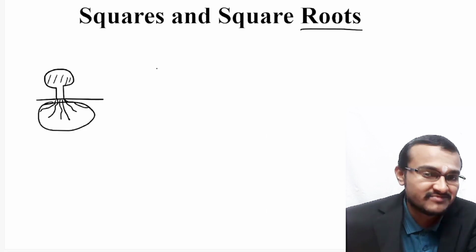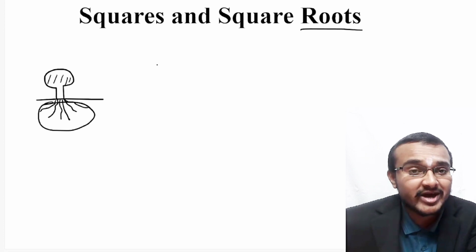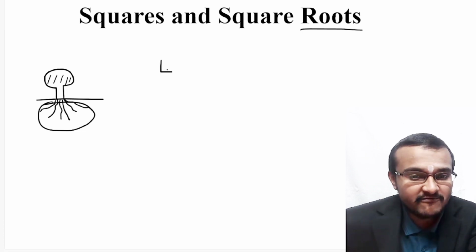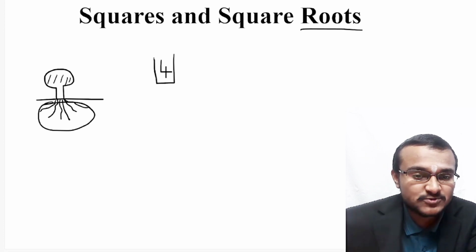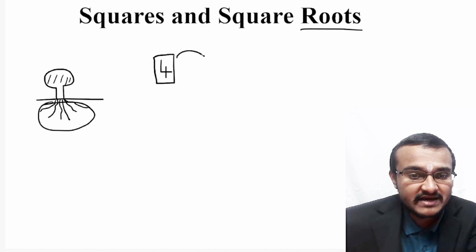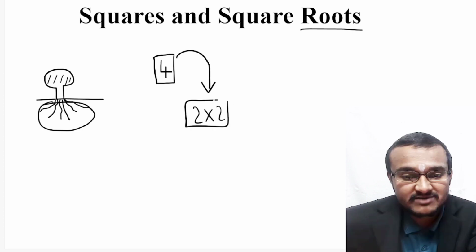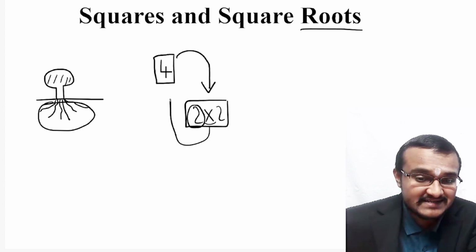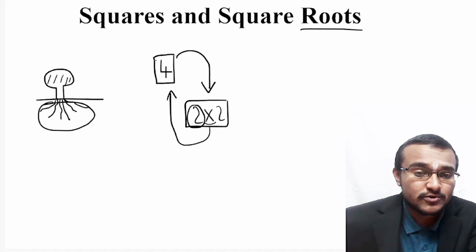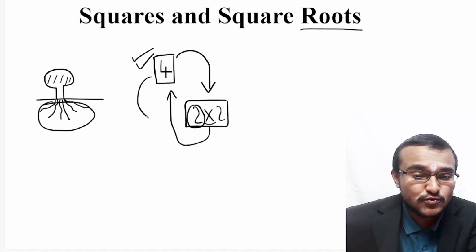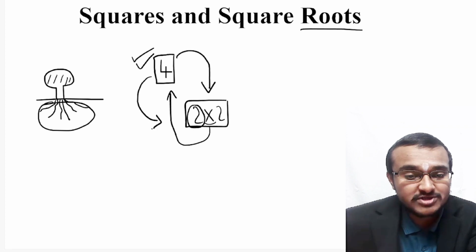Similarly, if you have a perfect square number, let's say 4, then this square is the multiplication of 2 with itself. That means 2 into 2 gives the answer 4. So this acts as a square number, and the root which is responsible for this square is known as the square root.